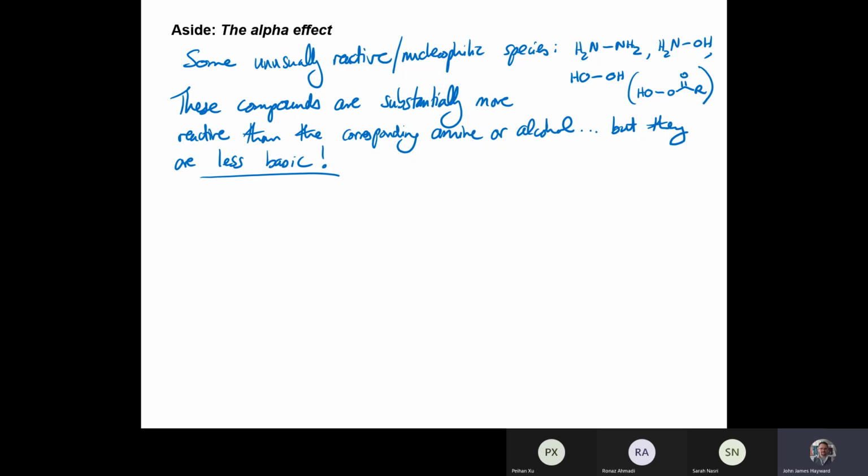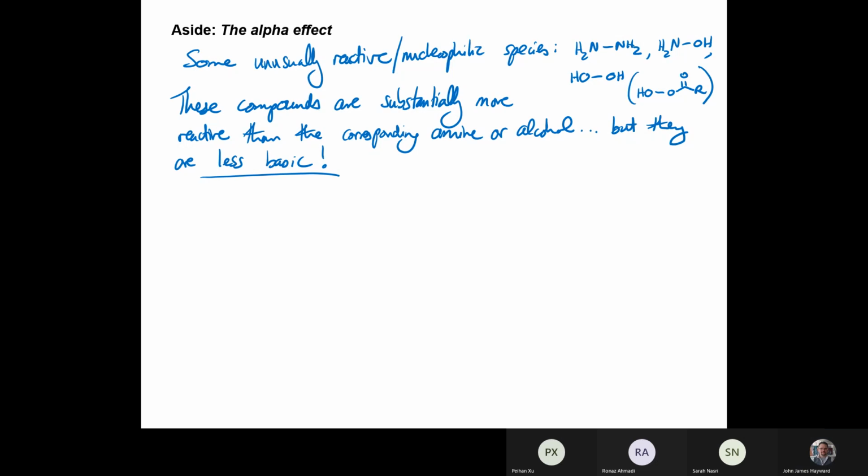We often say that good, strong bases are strong nucleophiles and weak nucleophiles are also weak bases. But in this case, we're actually finding something that is more nucleophilic than the pKa says it should be.